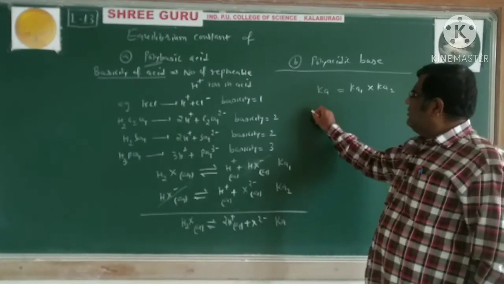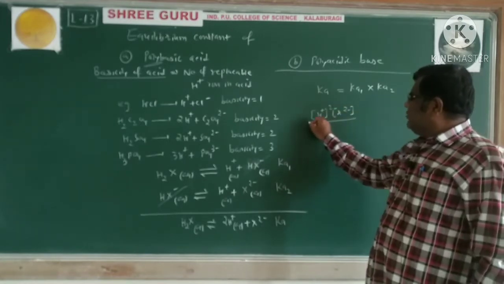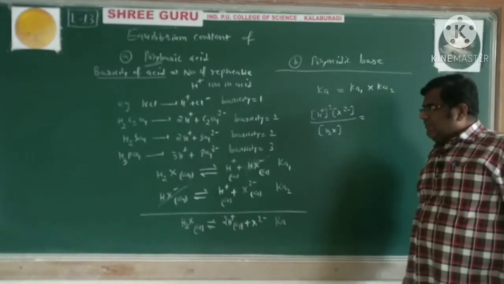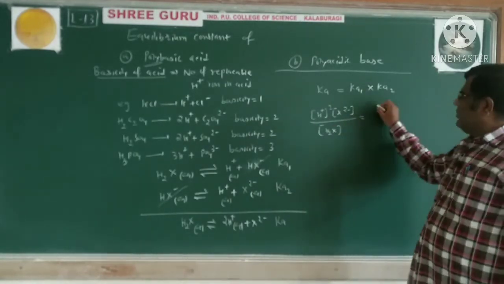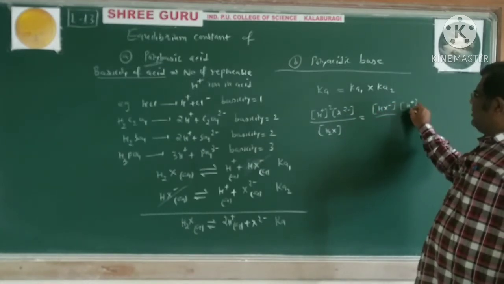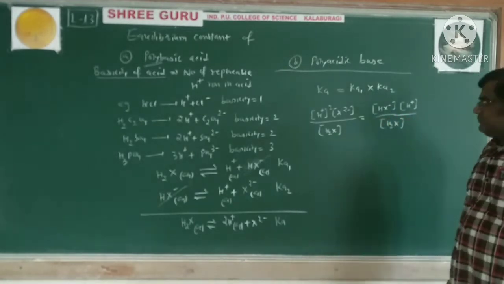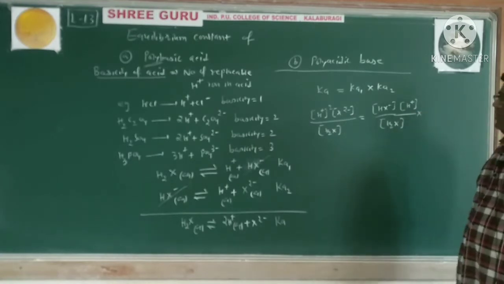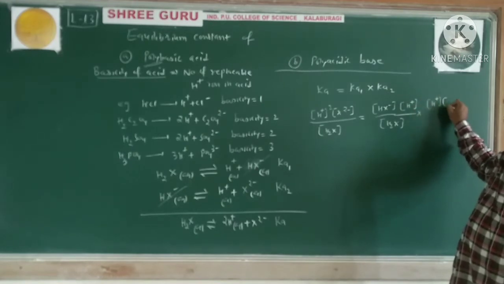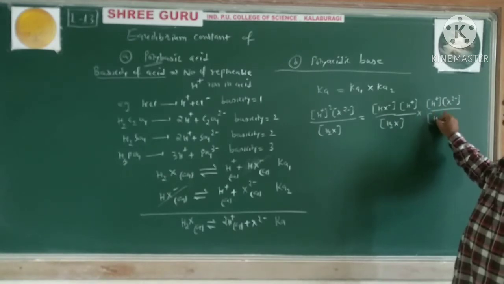We can do this. Ka1 is nothing but the molar concentration of products, H plus and HX negative, divided by H2X, multiplied by Ka2, which is nothing but H plus and X2 negative divided by HX negative.